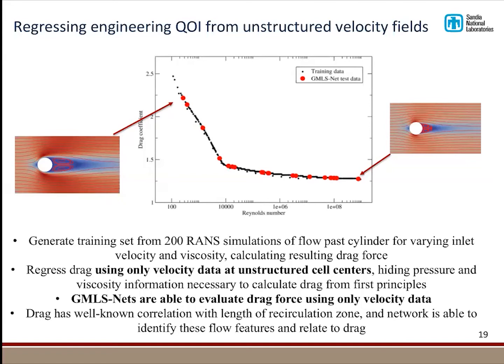So the length of those eddies in the wake behind the cylinder, that length scales with the Reynolds number, and that's sufficient to collapse your data down. So it's kind of remarkable that we have hidden physics that we're able to exactly capture without telling it what the pressure field is, for example.